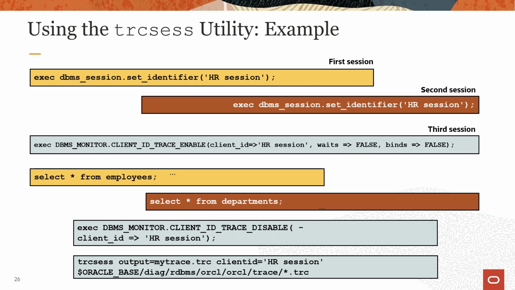Now, because I had 2 sessions where the identifier was set to HR session, I will have 2 trace files. Well, via the trcsess utility, I can ask, can you have a look underneath this directory, look at the trace files, and consolidate the trace files that have been generated against sessions where the client ID is set to HR session, and please consolidate them into one trace file called mytrace.trc.